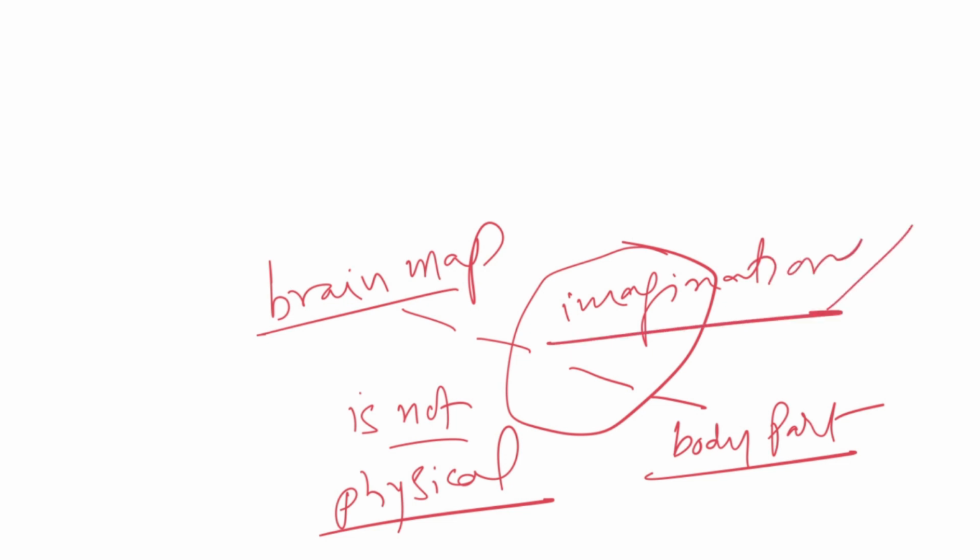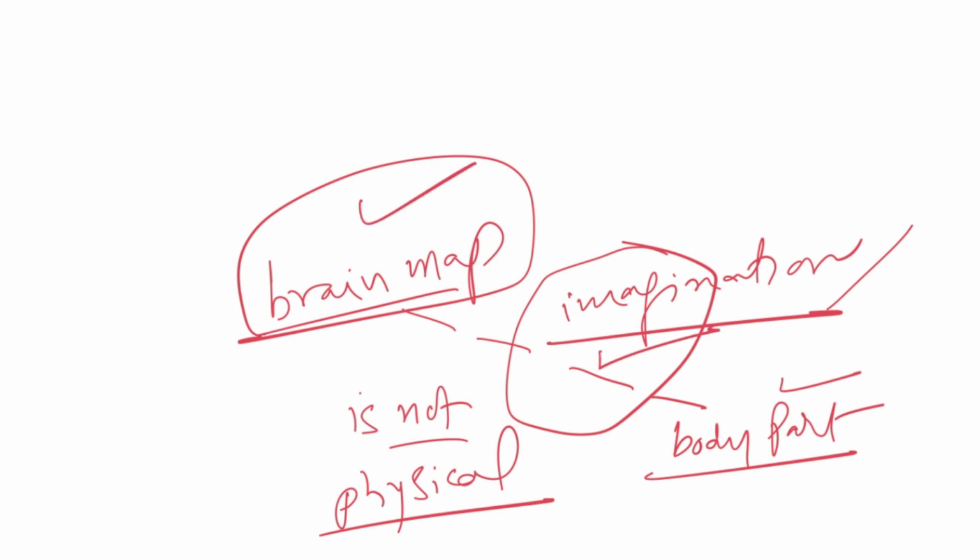So the brain map is changed. So the connection between the body part and the brain map is not just physical. There is a thought part, an imagination part. Body part is changed, imagination is affected, and brain map is changed. Sometimes there is no body part to change, but imagination is changed and brain map is changed. So in a phantom limb, there is no physical body part, but it's imagined movement and the brain map is changed.